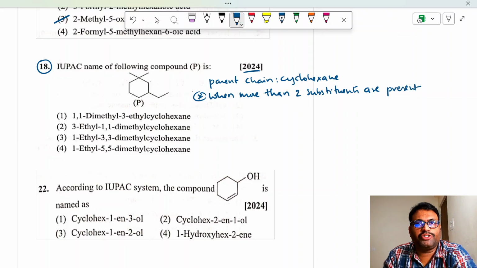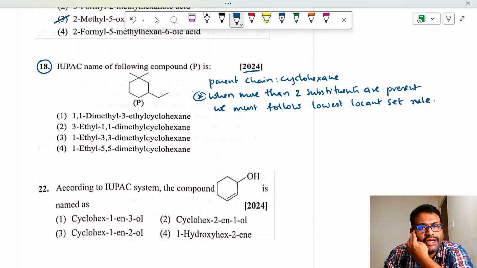we must follow, what we must follow? We must follow lowest locant set rule. Okay, let us start from here.